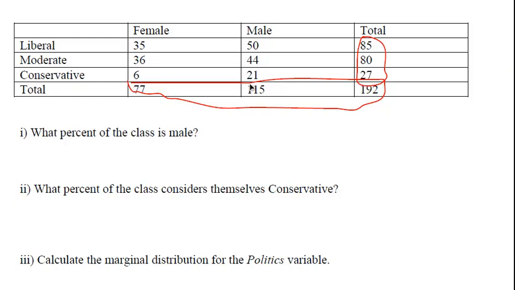There were 115 males out of a total of 192. So I'm going to just take 115 and divide by 192, and that's equal to 59.9%. You can leave it as proportion or percent. It doesn't really matter. All right, next question.